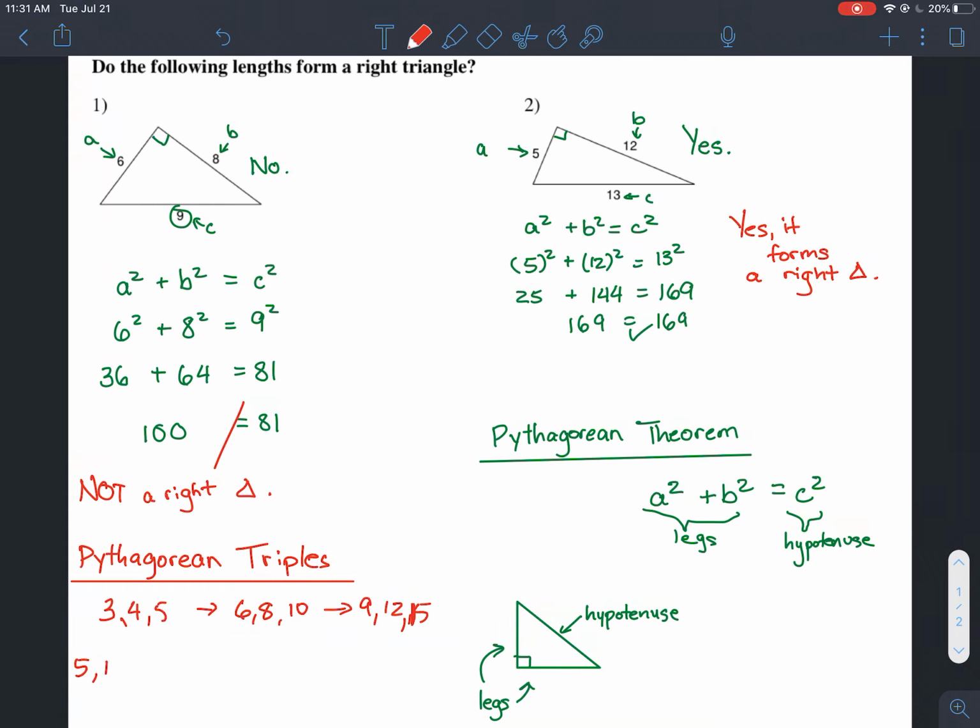There's also 5, 12, and 13, or 10, 24, and 26, or 15, 36, and 39. And that's just multiplying by 2 and then by 3 for the 3, 4, 5 and the 5, 12, 13. So that arrow should actually be going there. Times 3 and times 2.